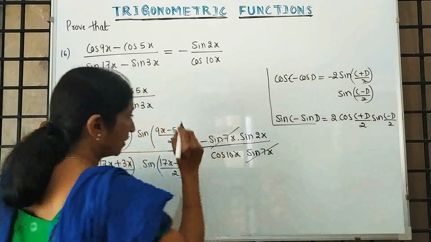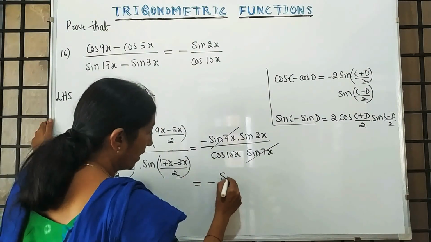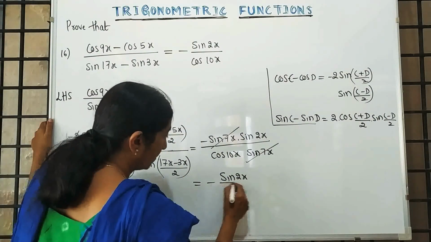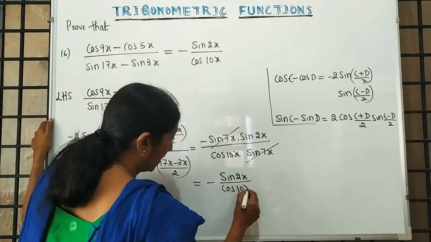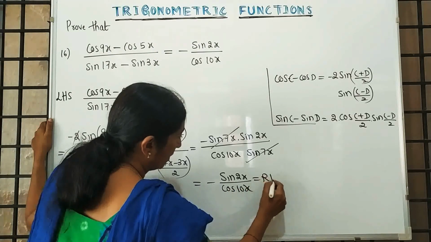This sin 7x, this sin 7x get cancelled. Minus sin 2x divided by cos 10x. That is RHS.